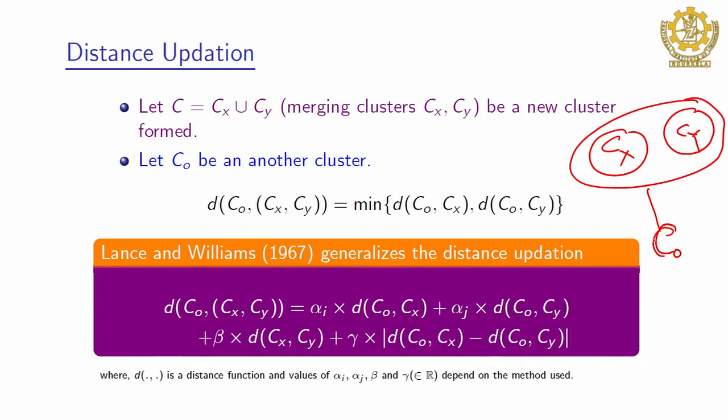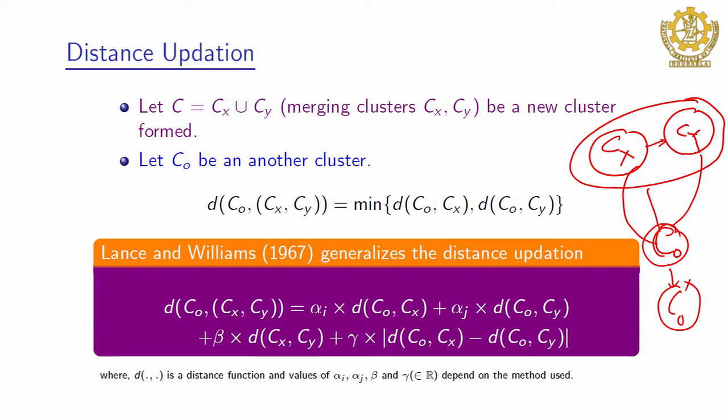Earlier you know the distance from C 0 to C x and from C 0 to C y. This is not sufficient. You also know the distance from C x to C y, because that is why you merged them, since you found that this is the minimum. And the distance between other clusters does not change, as we learned yesterday.